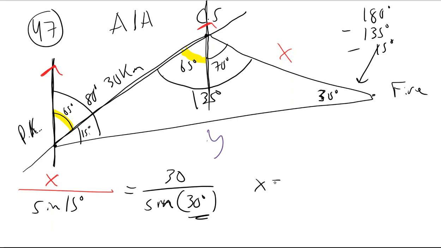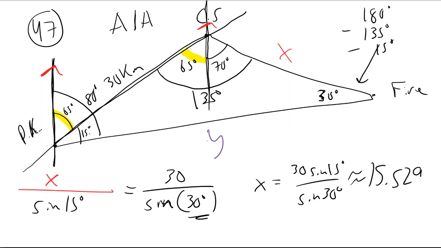So then it looks like this distance, what I labeled as x, is going to be 30 sine of 15 over the sine of 30, and that is ready to be thrown in the calculator. About 15.529 kilometers.